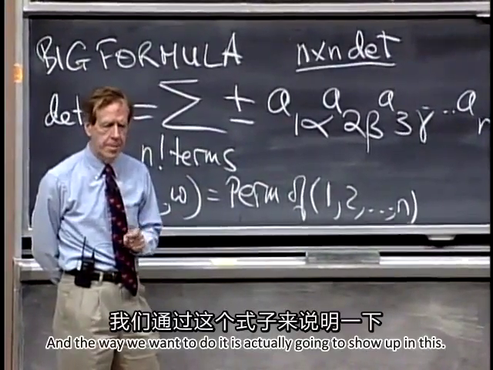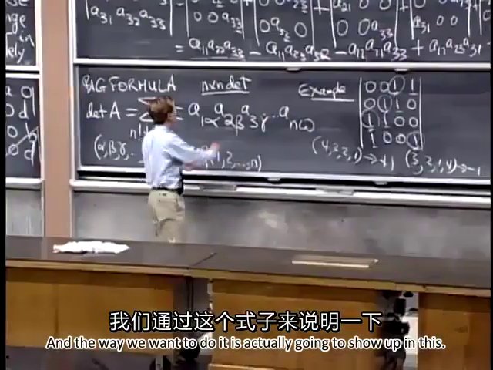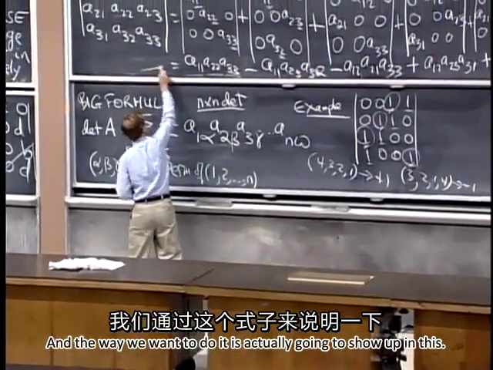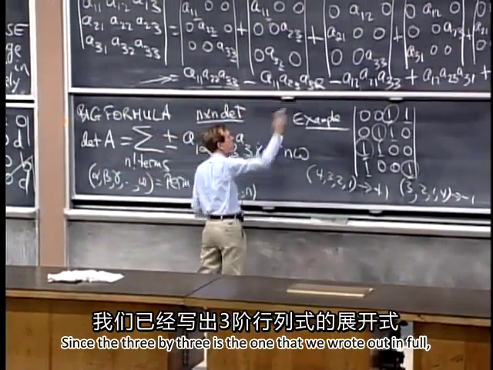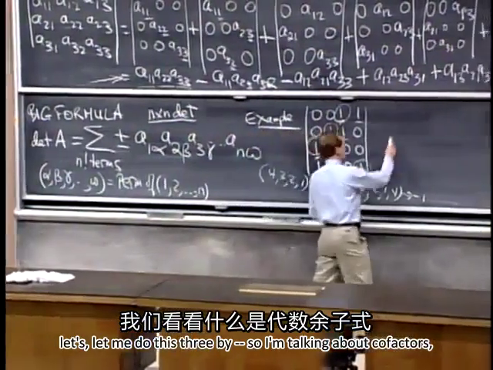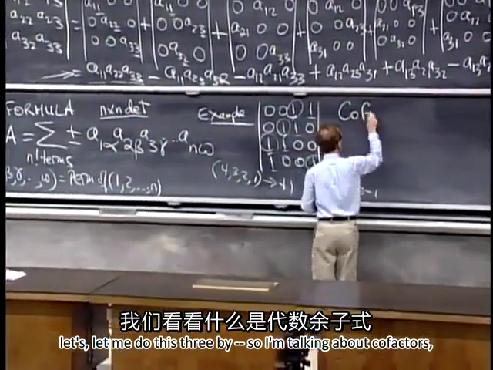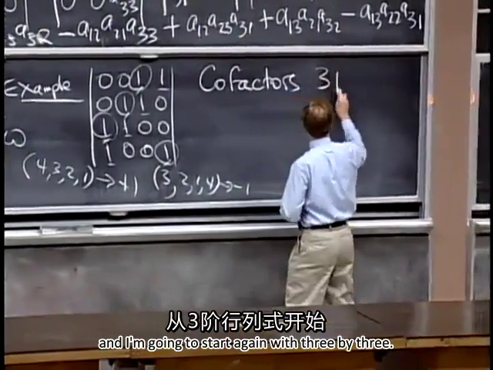The 3 by 3 is the one that we wrote out in full, so I'm talking about cofactors, and I'm going to start again with 3 by 3.